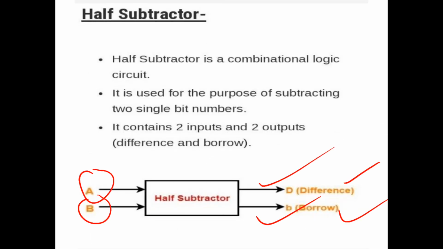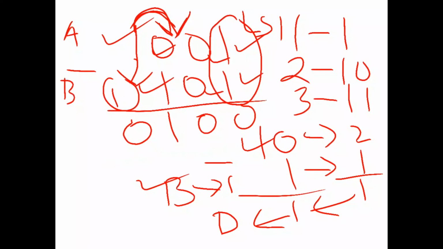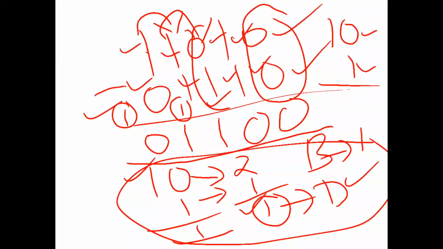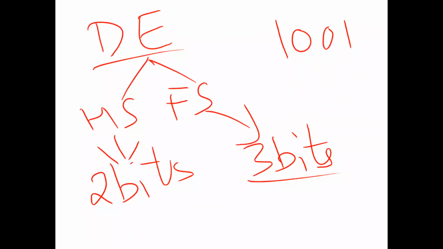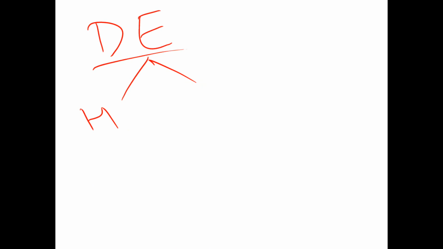Now what is the truth table basically for a half subtractor or full subtractor? Let us draw this one also. It is very easy to draw. One can simply learn or simply write the truth table, because we have already learned the problems.